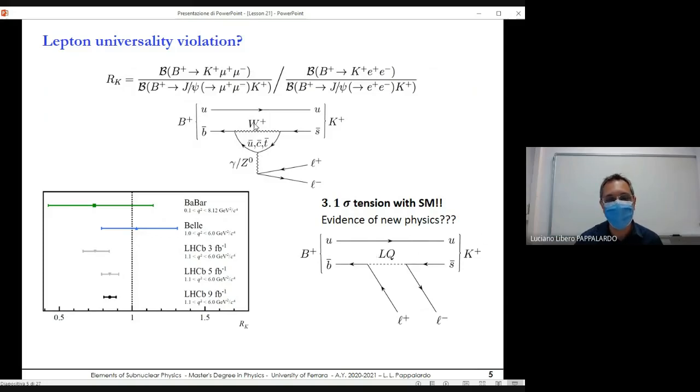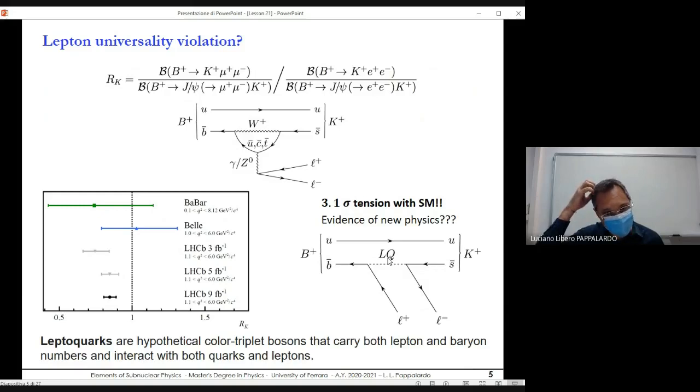So maybe one can interpret this process in a different way, including a new exchanged object, a new exchanged boson, which, for instance, could be a leptoquark, where a leptoquark is a hypothetical, for the moment, color triplet boson that carries both lepton and baryon numbers and can interact both with quarks and leptons. So this is a purely hypothetical object.